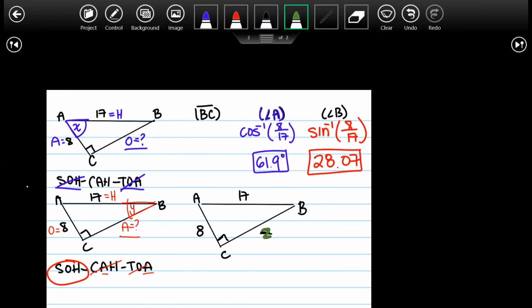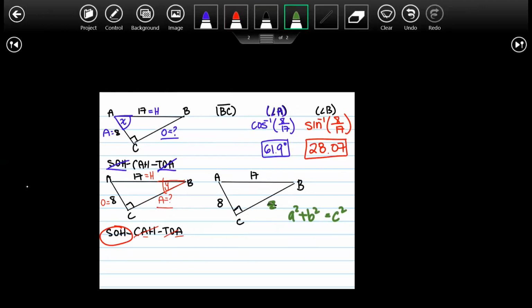Okay, what's the Pythagorean Theorem? Leg 1 squared plus leg 2 squared is equal to the hypotenuse squared. So this would be 8 squared plus b squared, or z squared in this case. Let's put z so we can put it in context. Is equal to 17 squared.